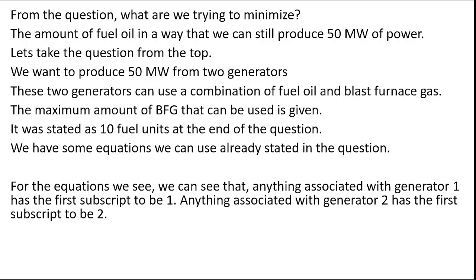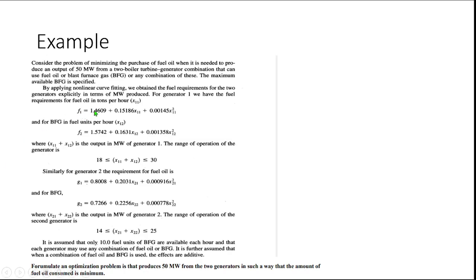So one of the things to note is that from the equations that we see, anything associated with generator 1 has the first subscript as 1. Anything associated with generator 2 has the first subscript as 2. Right, so let's go back to the question so that we can see what I'm trying to say. So this is for generator 1.